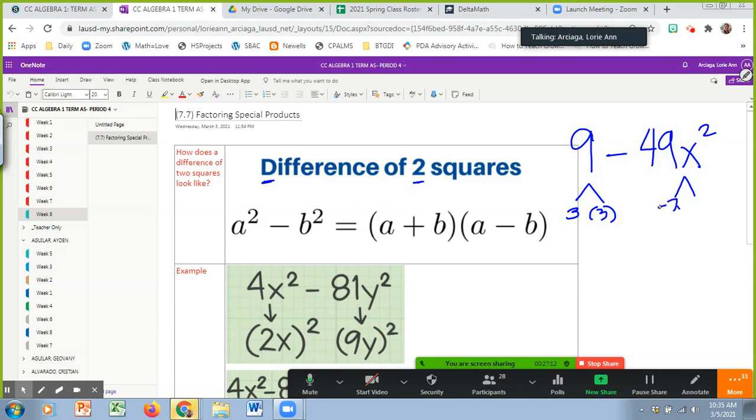So negative 7x and positive 7x. So can you tell me what I'm going to write for the answer? What will be my first answer? 3 minus 7x. Second one? 3 plus 7x. Very good.